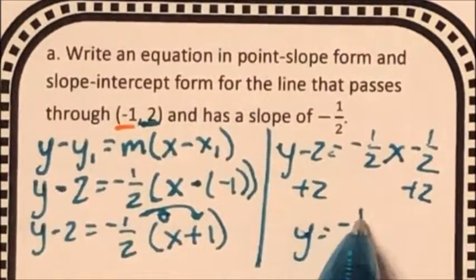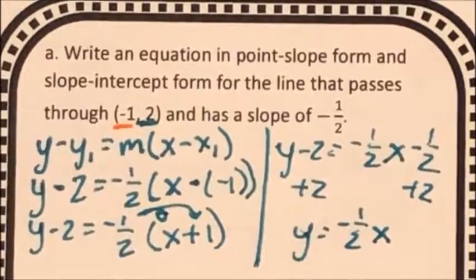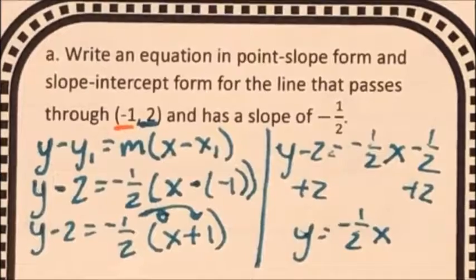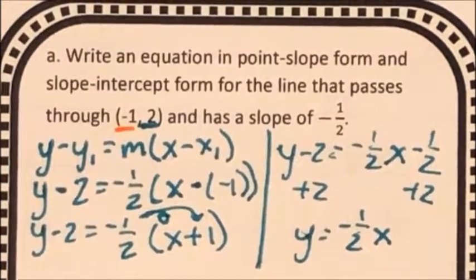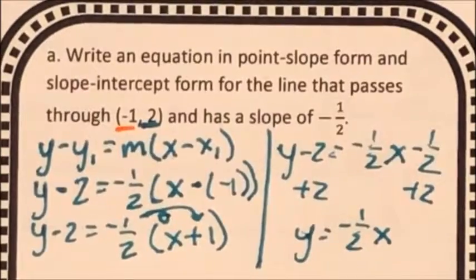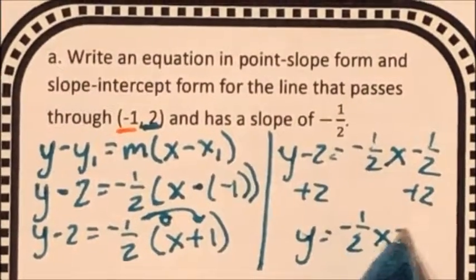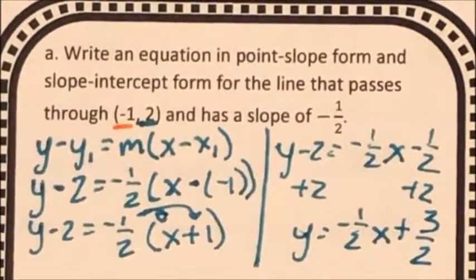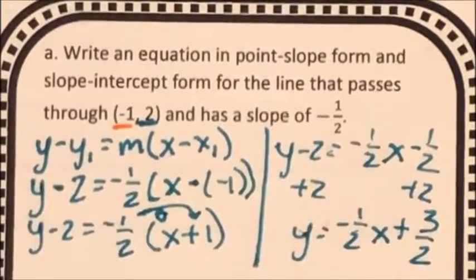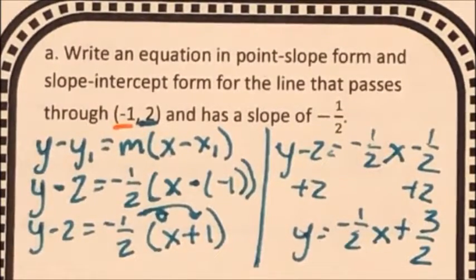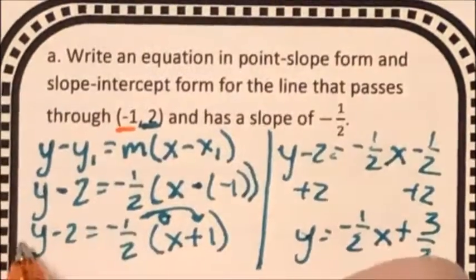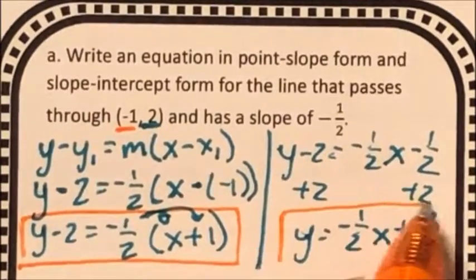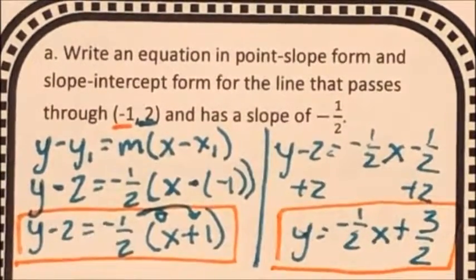So I get y equals negative 1/2 x plus 3/2. Okay, and those are my two answers. So this is my first answer, that's in point slope form. That's in slope intercept form. Okay.